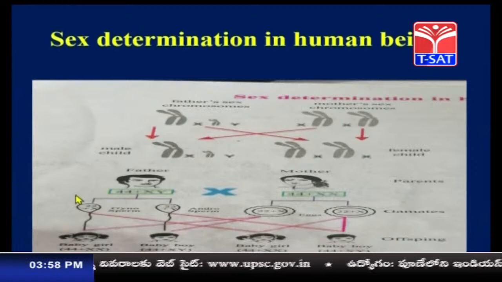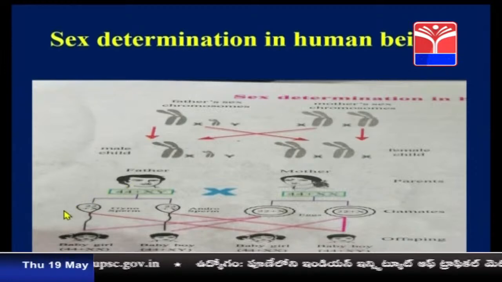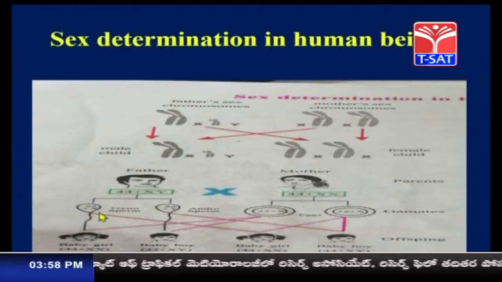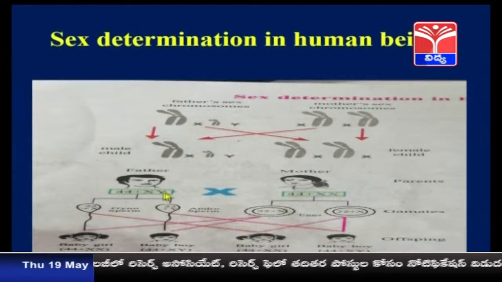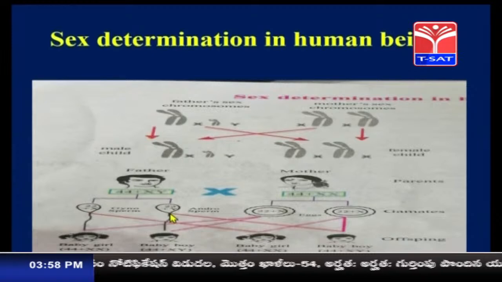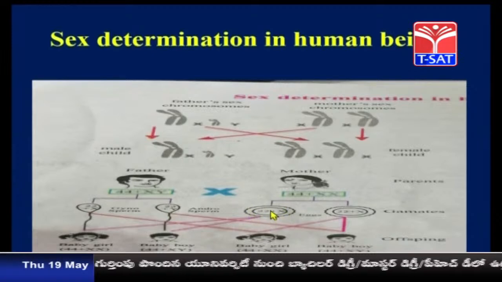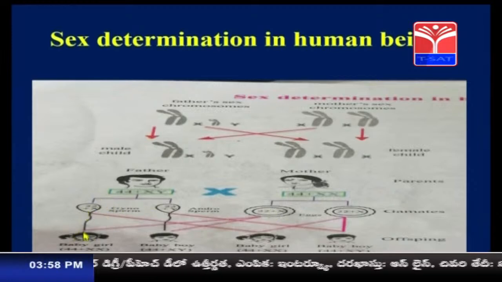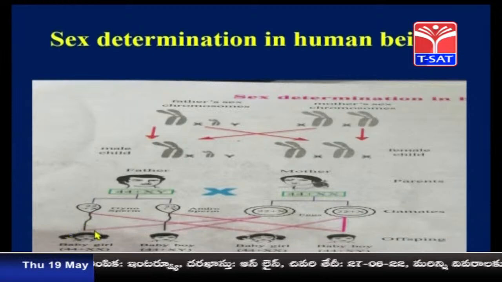But the sex cells produced by man, which are sperms, are of two types. Half of the sperms carry X chromosome because there are two sex chromosomes. Half of the sperms carry Y chromosome. Now, if this ovum with X chromosome fuses with this sperm which has X chromosome, then the child is a baby girl.